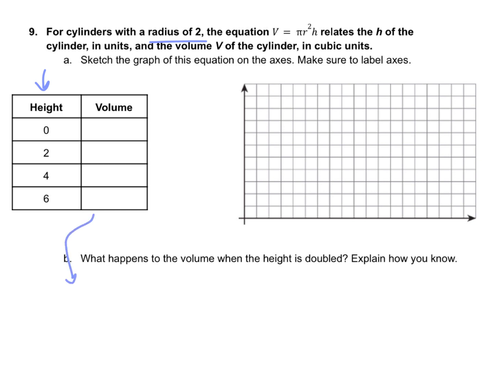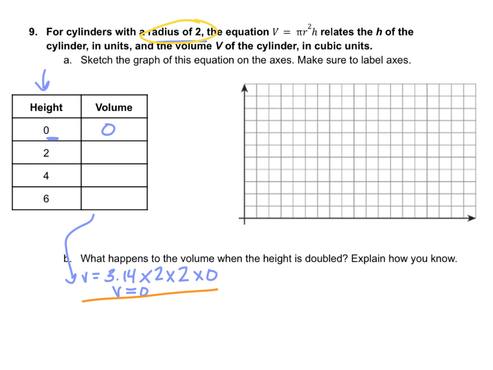So my first one, the height is 0. So V equals pi. It doesn't say anything about what I use for pi, so I'm going to go 3.14. But it does say that every time the radius is 2. So 3.14 times 2 times 2, and for the first one, the height is 0. So when I do all of that, 3.14 times 2 times 2 times 0, I get 0.